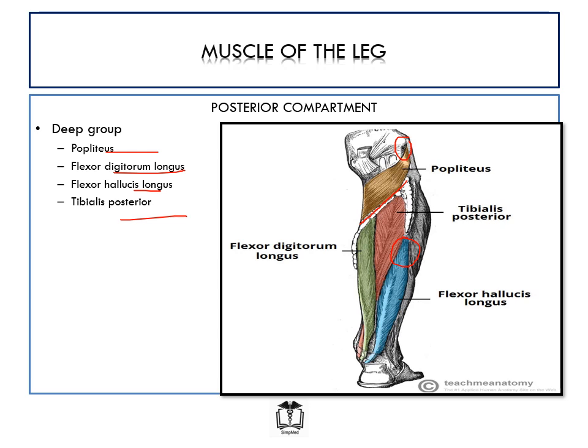The anterior compartment is innervated by the deep fibular nerve, and then the lateral compartment is innervated by the superficial fibular nerve. And in terms of function, remember that the anterior compartment muscles tend to be involved in dorsiflexion, whereas the posterior compartment muscles tend to be involved in plantar flexion. That's one unique difference between them.